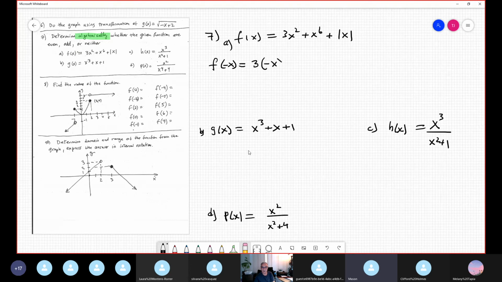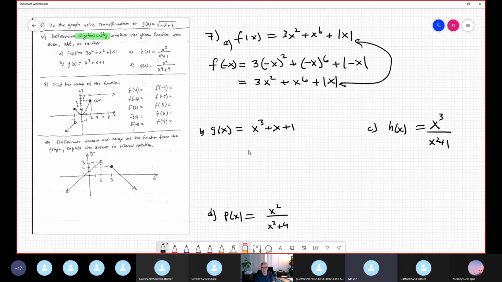It's because it's even. And it's obvious that yes, it stays the same, because when you raise a negative number to an even exponent, it's positive, and absolute value is also positive, so it doesn't change. Therefore, the conclusion for this function is here.